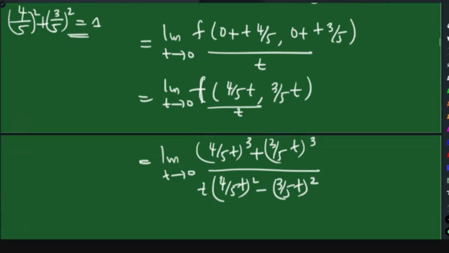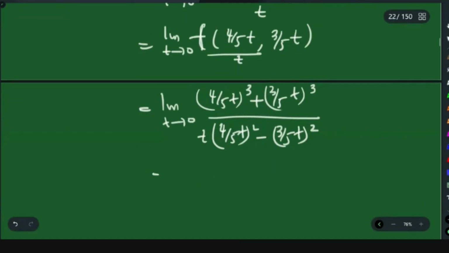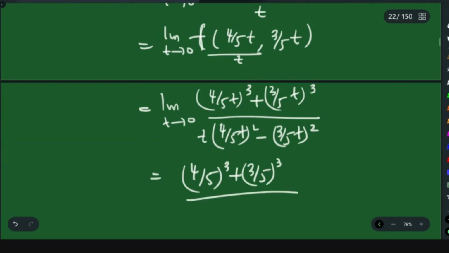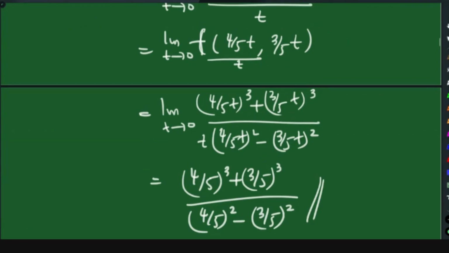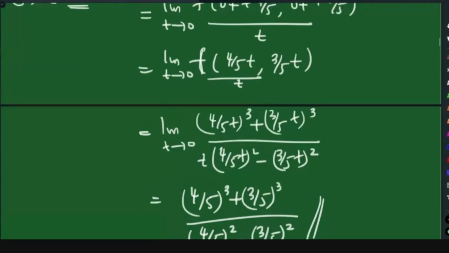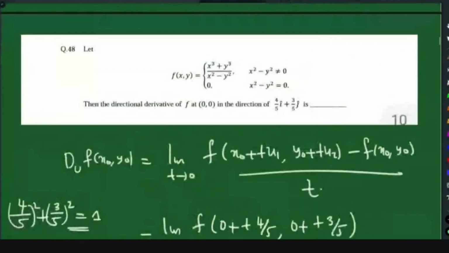The remaining is (4 by 5) cube plus (3 by 5) cube divided by (4 by 5) square minus (3 by 5) square. You just compute this value; this is the final answer. You understand this? Is that clear? Yes, sir. Okay.